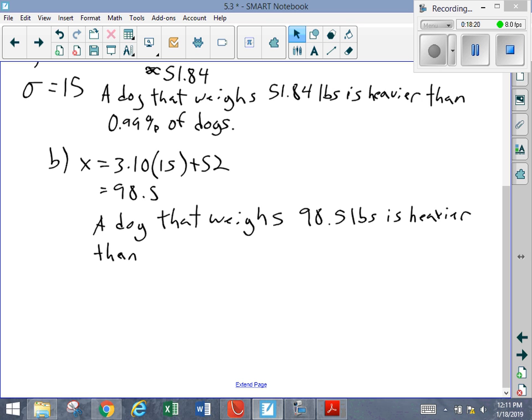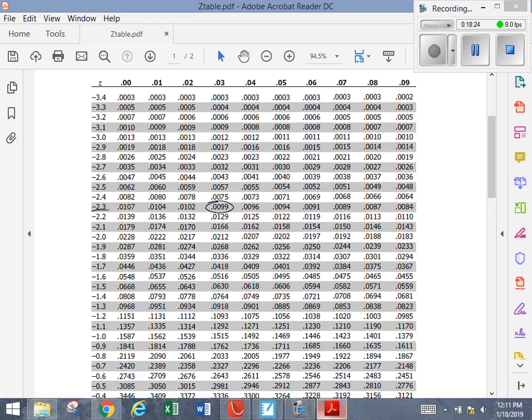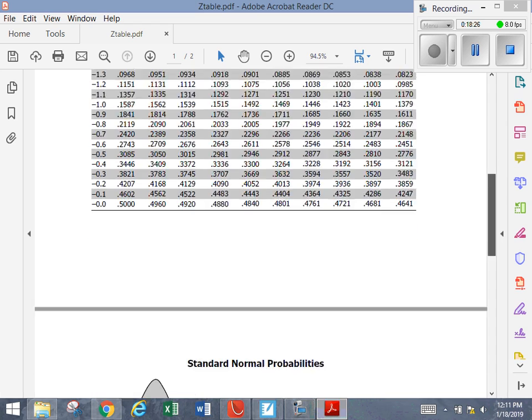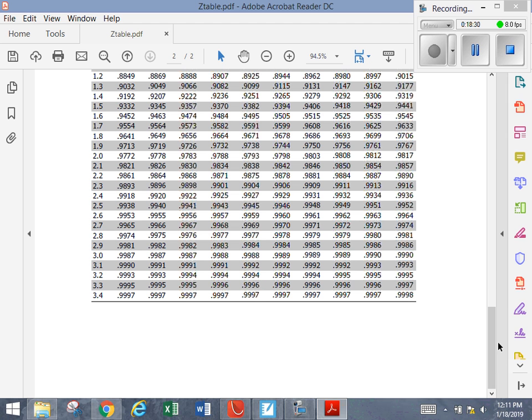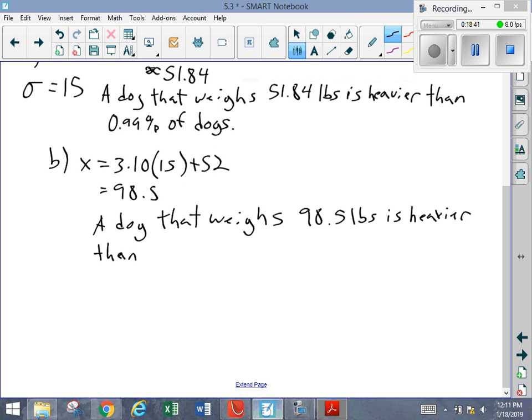We'll look at the table. I'm going to look for 3.10 on my table. It is probably a fairly high percent. All the way down here, 3.10. Right there. So 99.9%. Heavier than 99.9% of dogs. Wow.